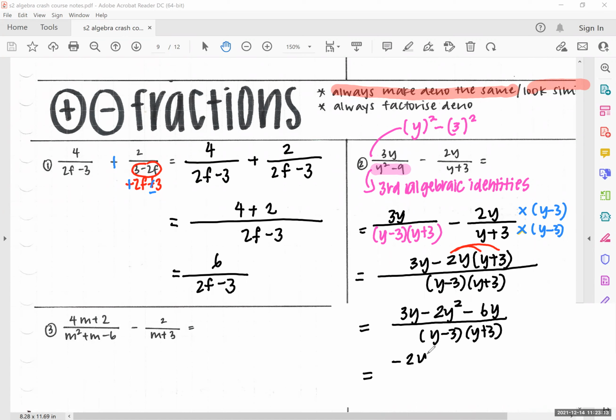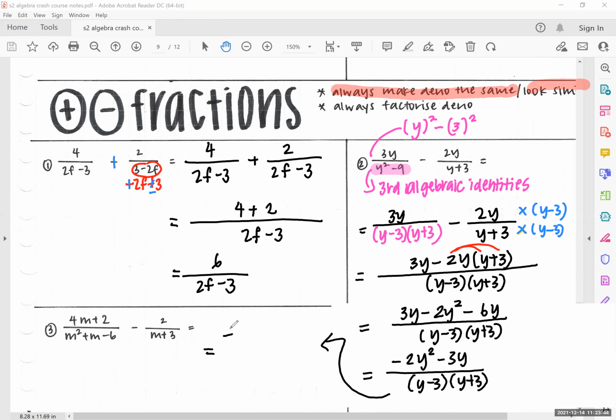So at the end of the day, I have 2y squared minus 3y over (y minus 3)(y plus 3). I don't have enough space again. Do you realize that the top, I can actually factorize? What will I factorize out? Usually I will not factorize out y, because can you see both of them are negative? So I'll always take out my negative.